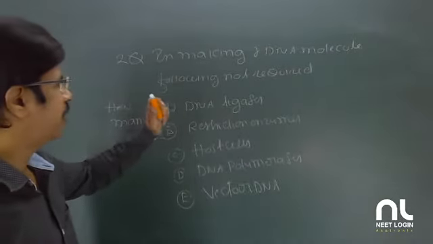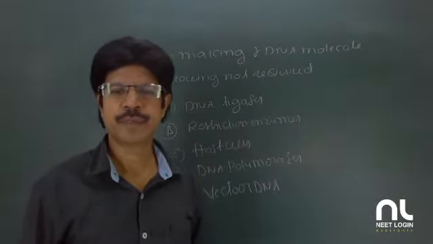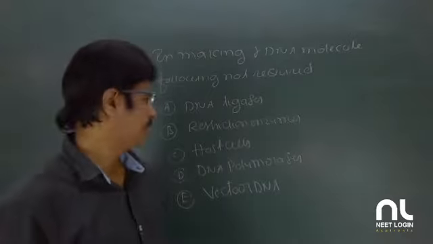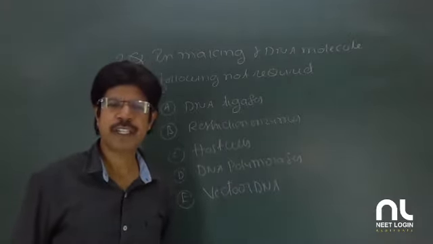In making rDNA molecule, following not required: C and D, or A and B, or C, or A and B. How many are not required?